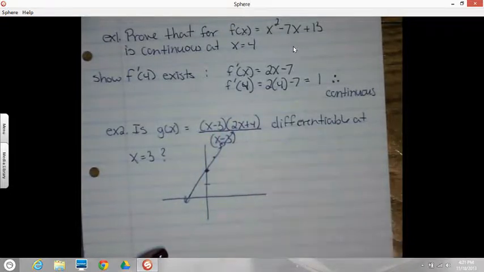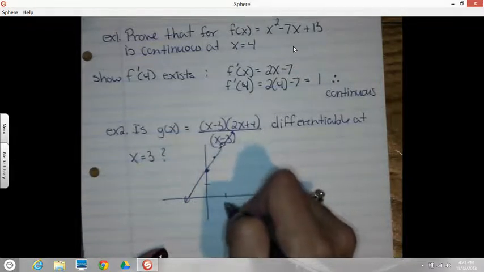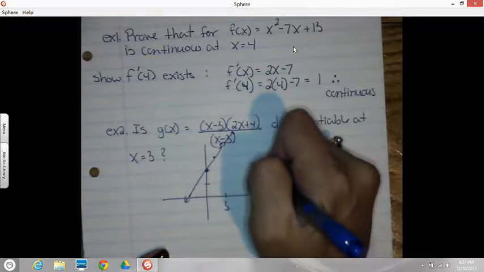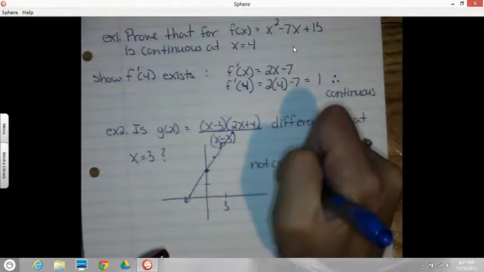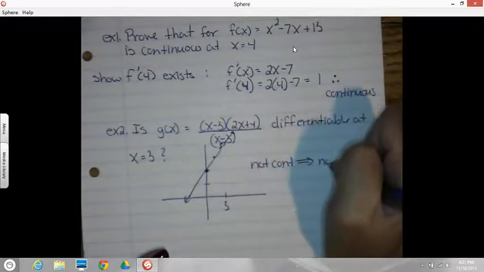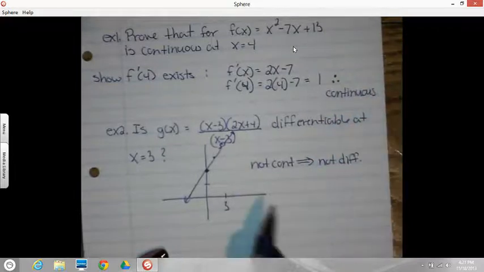So it's a linear function with a hole at 3. So if it's not continuous, that implies not differentiable. So because it has that hole, it's not differentiable.